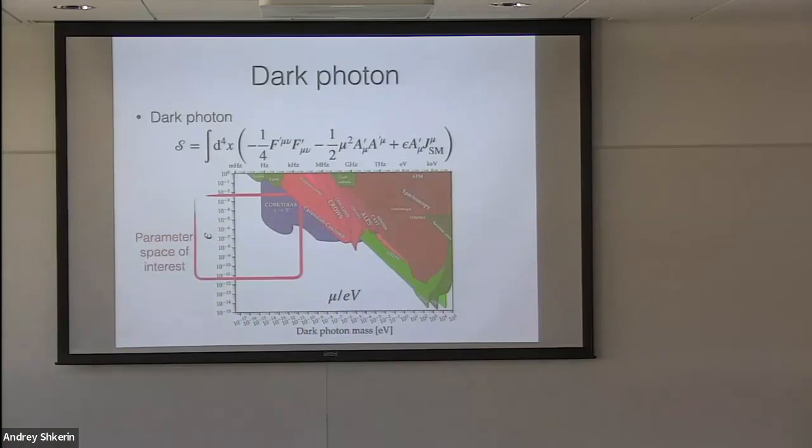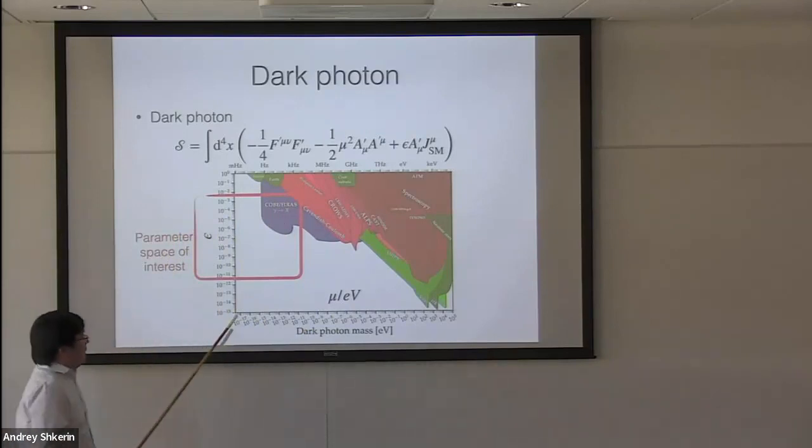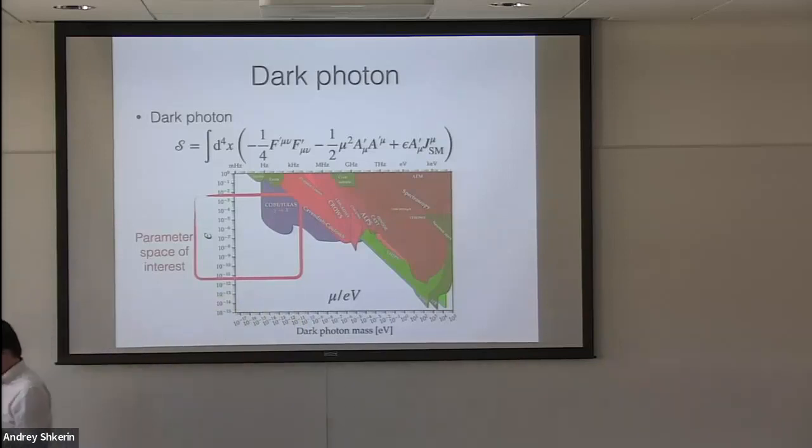The region that we'll be interested in talking about today is this region here. Throughout this red box, the processes that I'll be telling you about will happen. On the right-hand side, this limit is set around 10 to the minus 11 eV. It's set by the size of a solar mass black hole.